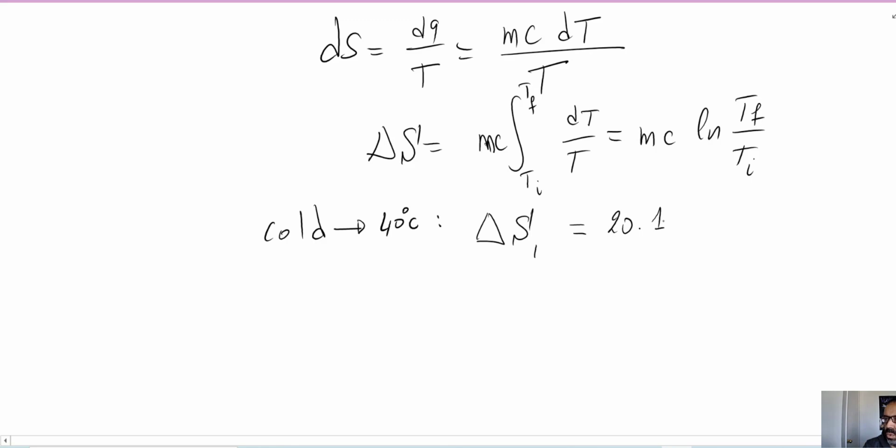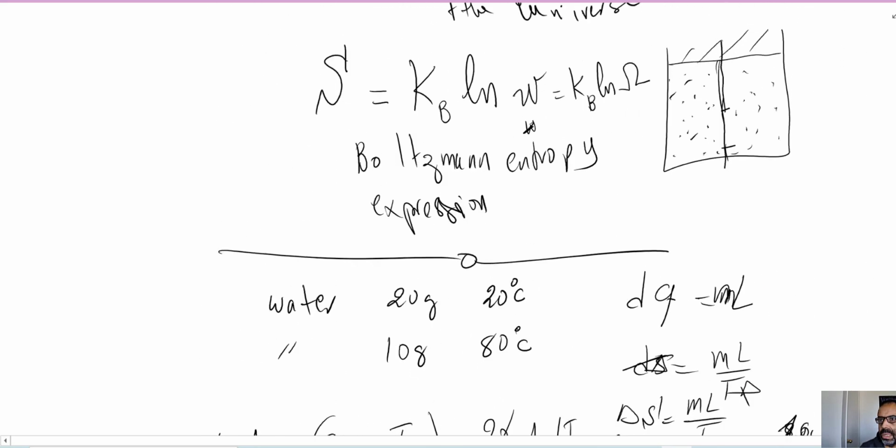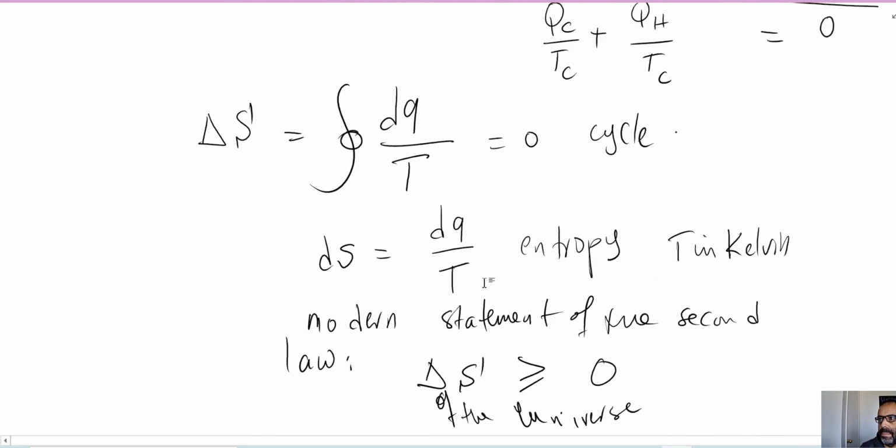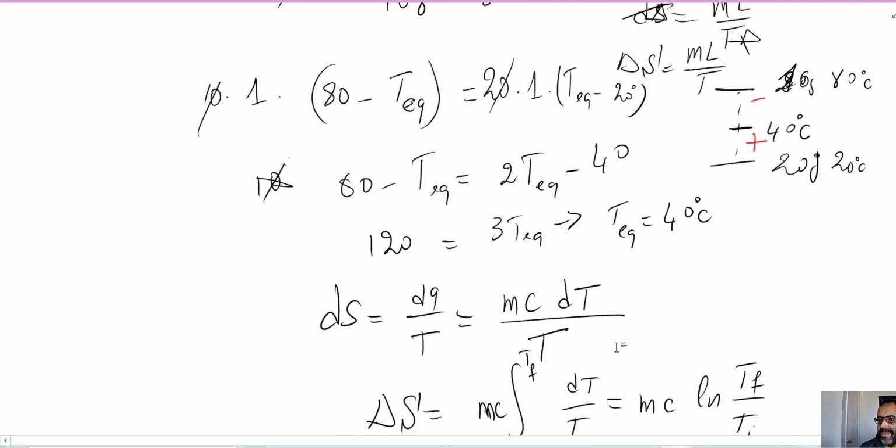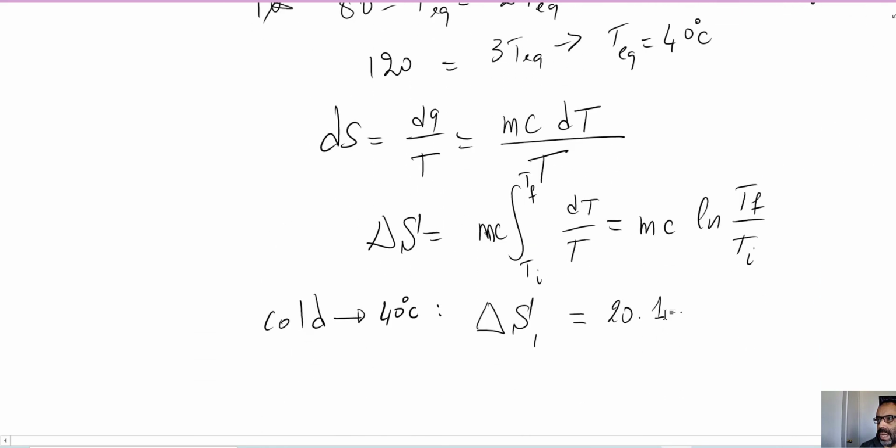So we're dealing only with calories, and that's another thing I didn't mention about the units in here. Usually it's in joules per Kelvin, but in this case we're going to find it in calories per degree Celsius, for which you have to make the correct conversion.